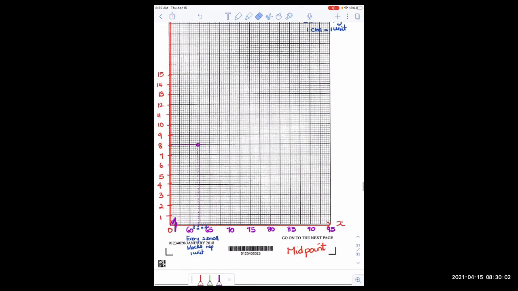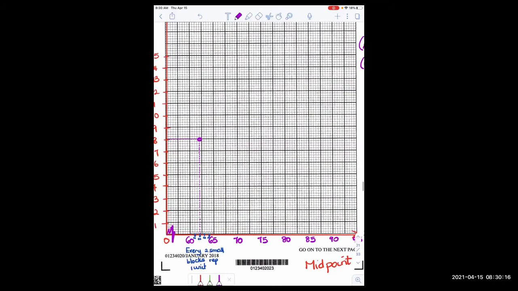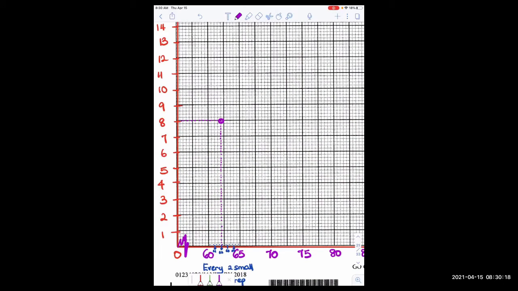So the first pair of coordinates, 62, 8. The second pair of coordinates, 67, 11. So we will find 67, and again, we know the point 65. So here will be 66, and 2 blocks after will be 67.